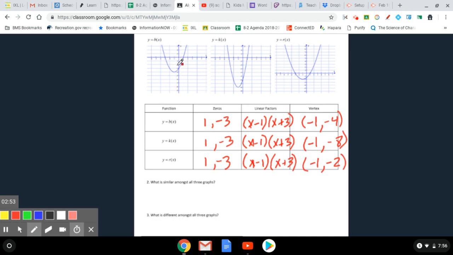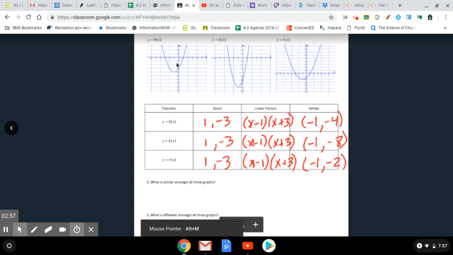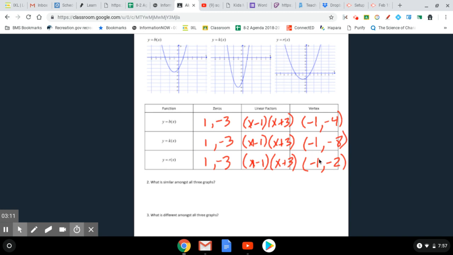So when I'm looking at b of x, I can see the vertex is at negative 1, negative 4. At k of x, at negative 1, negative 8. And at r of x, negative 1, negative 2.